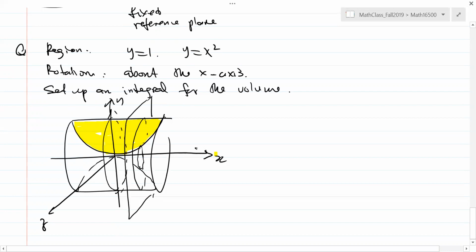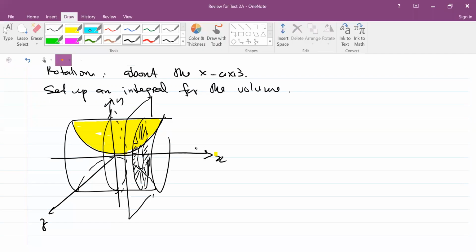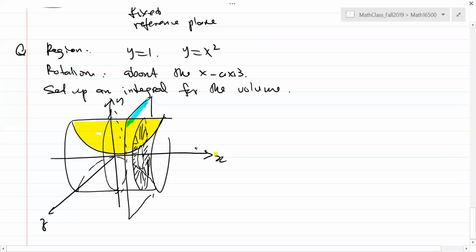Yeah, so this is a 3D picture, right? It's harder to read. Okay, so one slice, I want to color it.